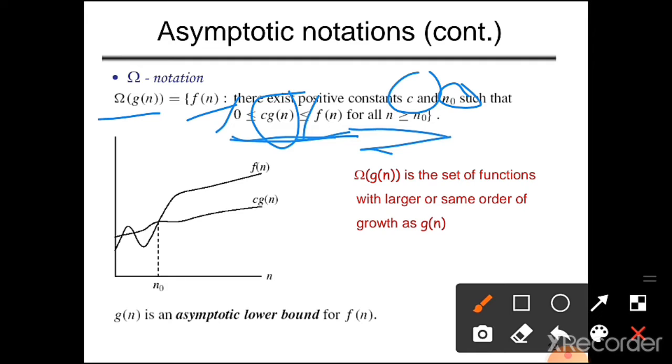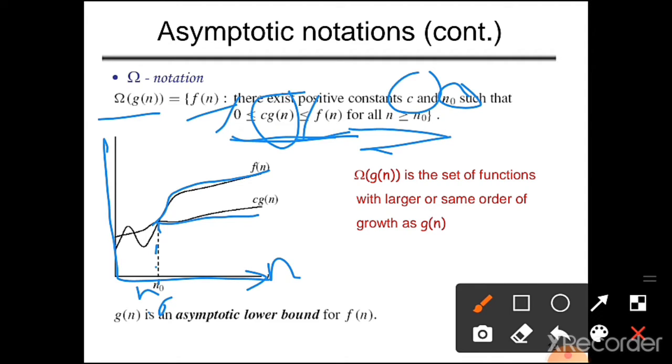Here it is represented by a graph. This is the input value n, and this is the particular value n naught. After this n naught, the f of n value will be greater than or equal to c g of n.